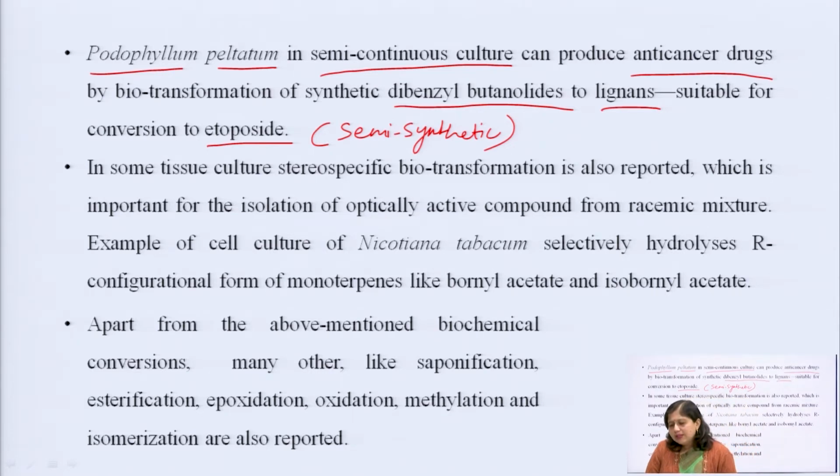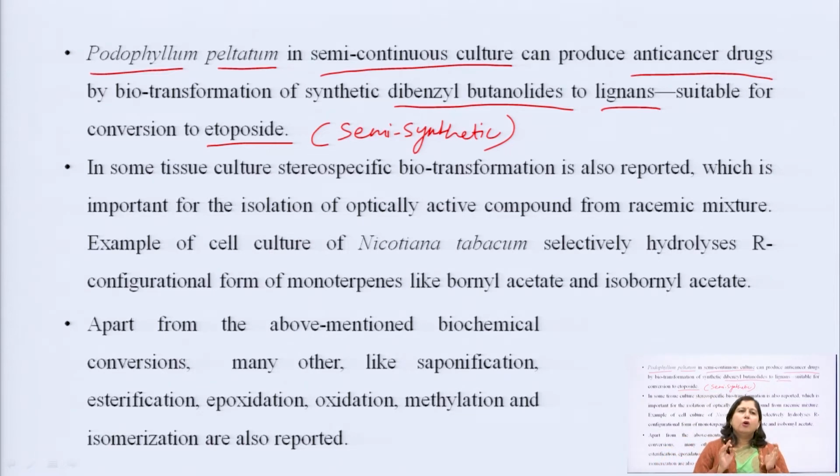Then in some tissue cultures, stereospecific biotransformation has been reported. What is stereospecific biotransformation? It is when the stereoisomers of a particular compound can be converted inside the plant tissue culture. So, we could isolate the optically active compounds from racemic mixtures. For example, in the cell culture of Nicotiana tabacum, it was seen that the hydrolysis of the R configuration form of the monoterpenes was selectively done, like in bornyl acetate and isobornyl acetate.